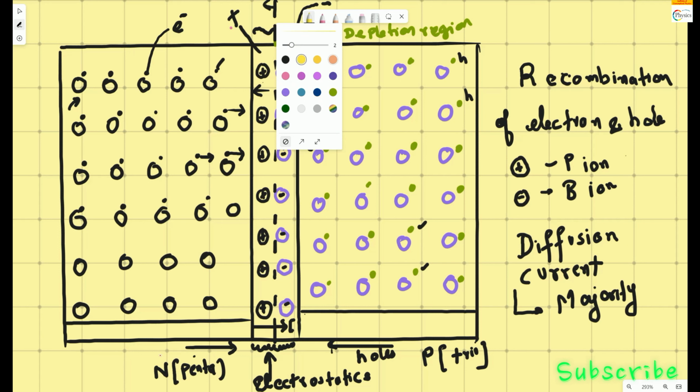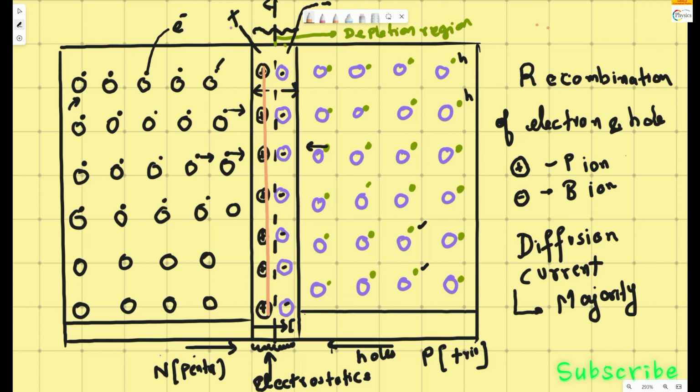This positive layer becomes very powerful, and it will not allow any holes now to move towards it. So the holes are on the right hand side. These holes are not able to move.